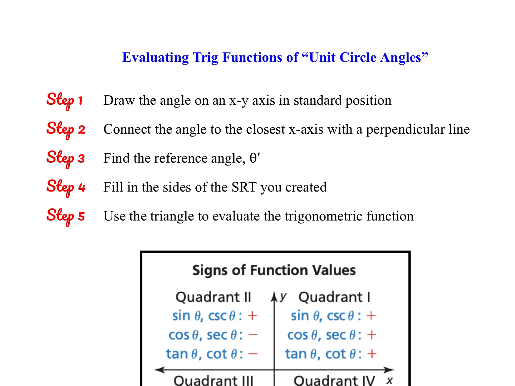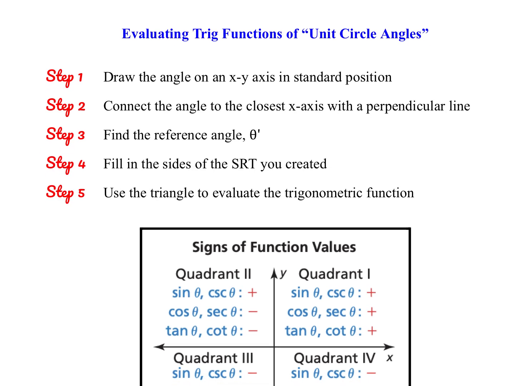I like to call those unit circle angles. When we are working with one of those angles, we should be able to evaluate sine, cosine, and tangent without using a calculator. There are different approaches to this, but what we are going to do is an approach that simply uses special right triangles, which is something we already know how to use.